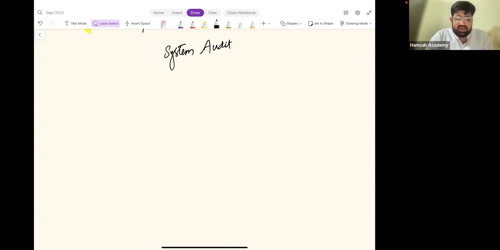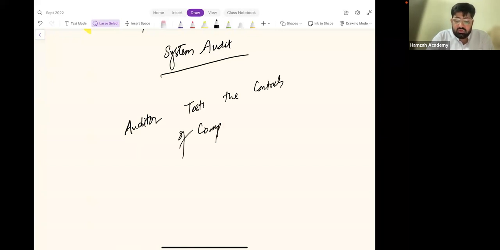System audit is the audit of the company. In this approach, the auditor tests the controls of the company. Controls are the processes through which accounting records are kept, maintained, and ultimately financial statements are produced.